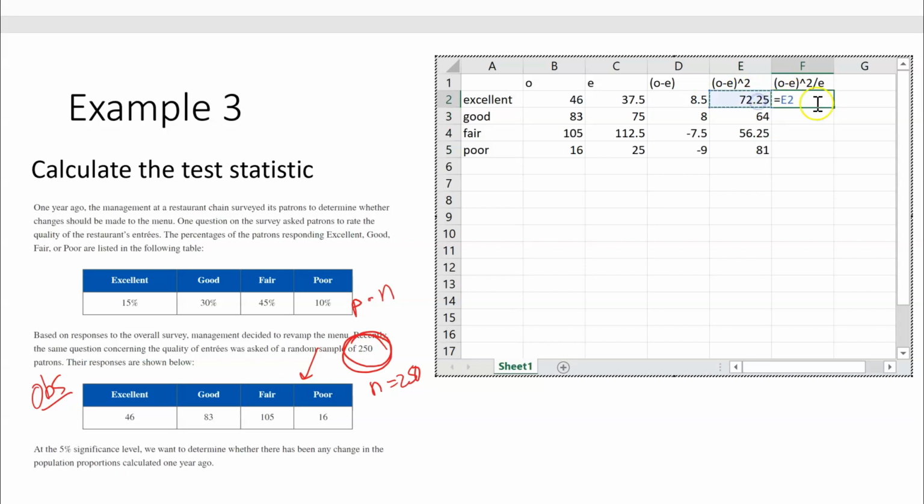Then we want to take what's squared and divide it by its expected value and drag that down. Now from this column, we can get the test statistic by summing it. So our test statistic is 6.52. Our chi-squared test statistic is equal to 6.52.